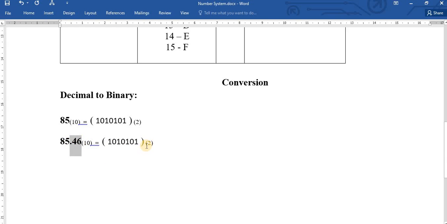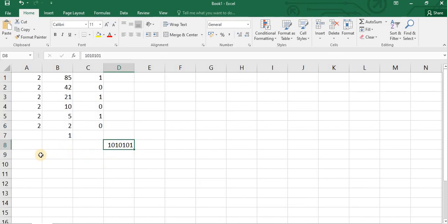Okay, for this, what you have to do, you have first of all take the decimal part. So your decimal part is 0.46. What you have to do, you have to multiply it by 2. Okay, here I am writing like this, 0.46 multiplied by 2.